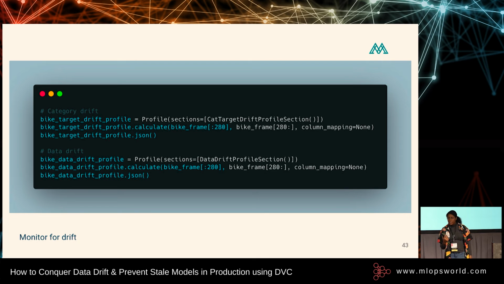And the tool that I decided to use for this little project was Evidently.AI, but there's also a bunch of other tools which I'll get to when we talk about the additional resources, but I know Aporia is one of them on the list, and I know they're at least at the conference somewhere. But this is just a snippet of the code you might write to actually monitor those drifts. So we have our category drift, and we have our data drift.